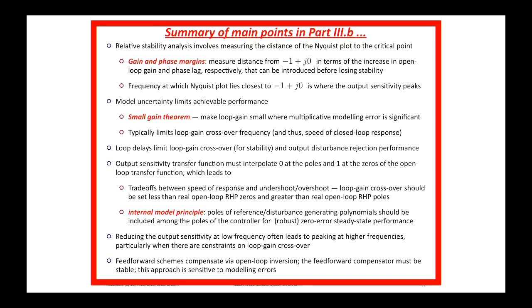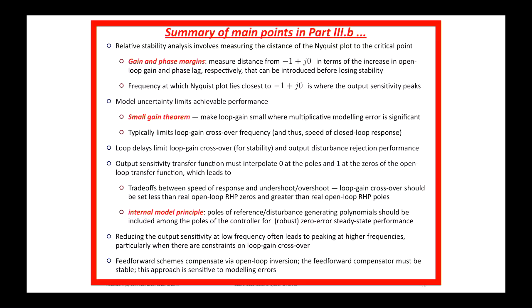Okay, we saw how we can account for modelling uncertainty, and in particular we looked at multiplicative modelling uncertainty. We saw that in order to be robust to multiplicative modelling uncertainty, which is typically most significant at high frequency, we just need to make sure that the complementary sensitivity function is small at those frequencies. In other words, the open loop transfer function has to have a small gain. All right? We've seen some limitations, and then we've seen today a very important principle called the internal model principle, which is about steady state performance.